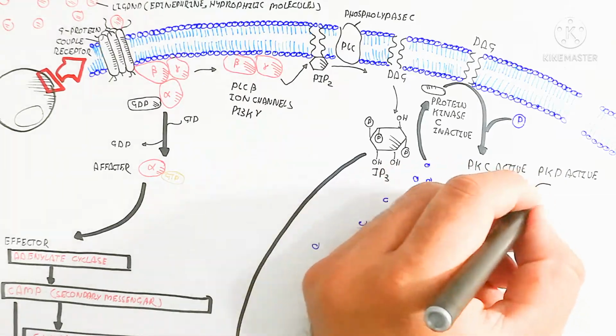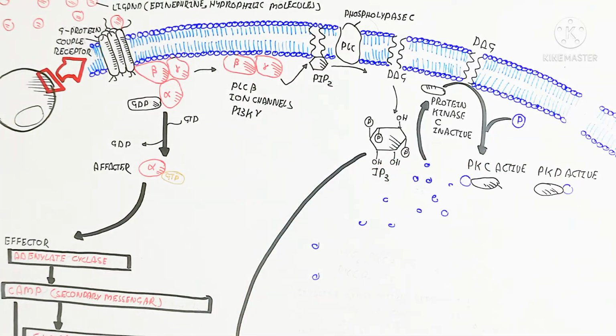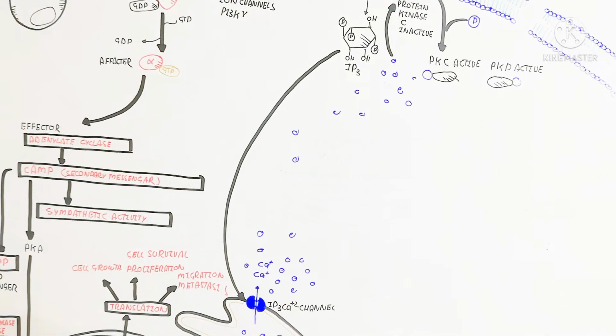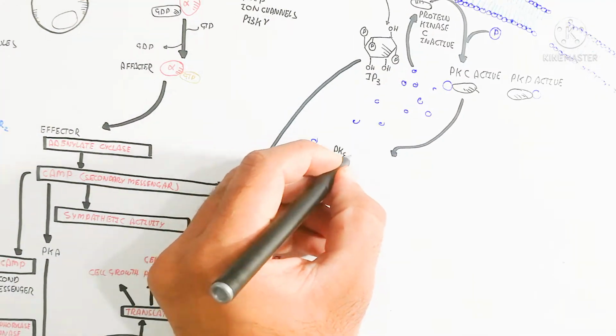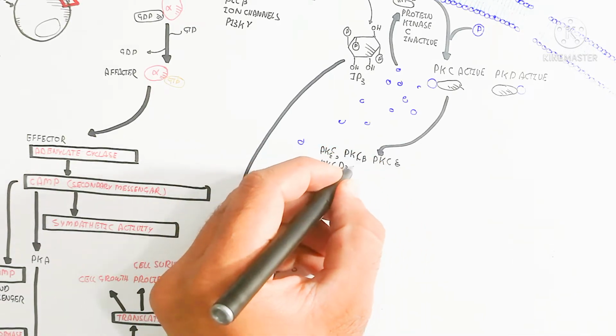And there are a lot of protein kinase C types, for example protein kinase D and protein kinase C, and many others such as protein kinase C alpha, epsilon, beta, and protein kinase D3, etc.